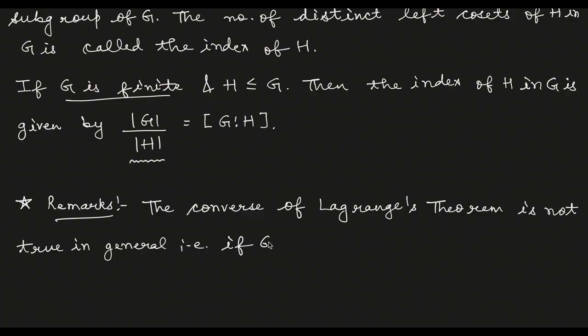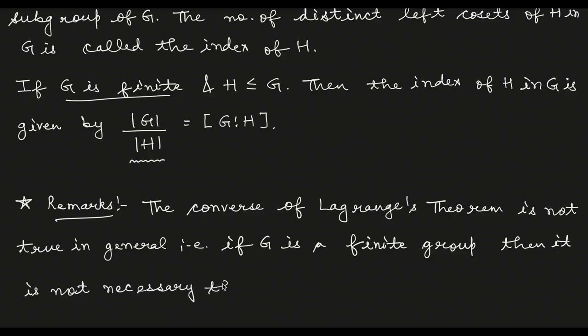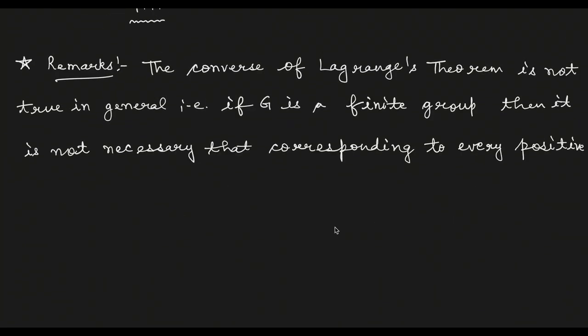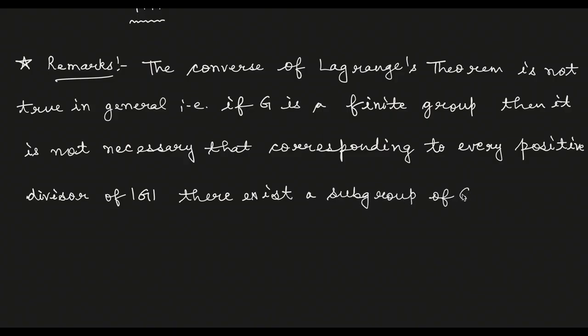That is, if G is a finite group, then it is not necessary that corresponding to every positive divisor of the order of G there exists a subgroup of G. The converse of Lagrange's theorem is not true in general.